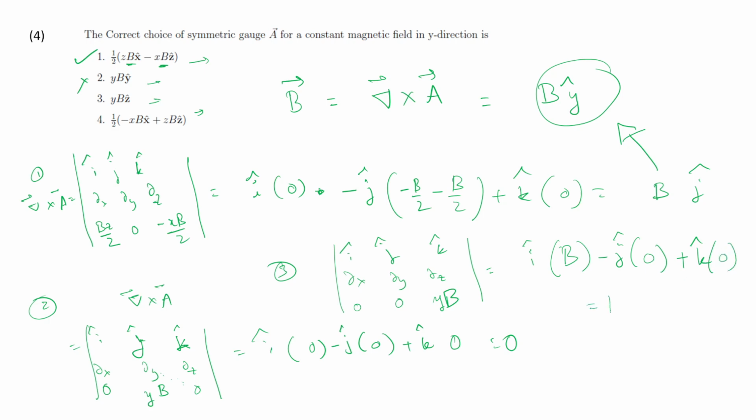So this is a constant magnetic field, but the problem is that it is along the x cap direction. What is being asked is the y direction. Since I am getting it in the x direction, this cannot be the answer. Similarly, you can try the other one also, since it is just a cross product. If you try it, you will get something different, so this is also not your option.